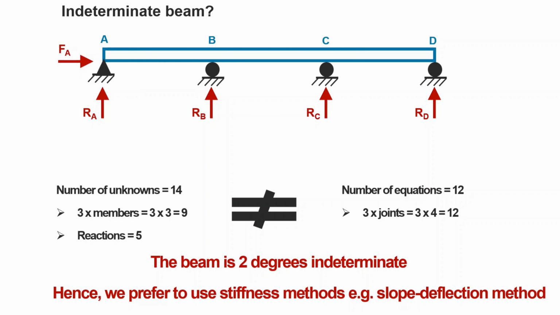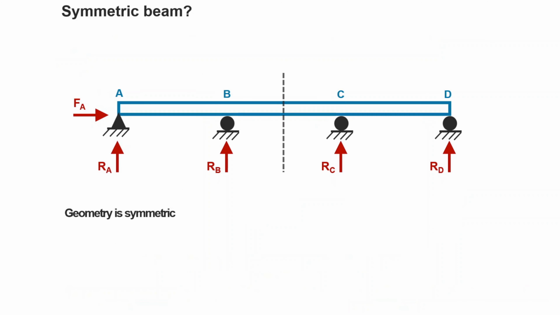The more degrees of indeterminacy we have in the structure, the more desirable it is to use the stiffness method rather than flexibility methods. And that's why today we are using the slope deflection method to solve this problem.